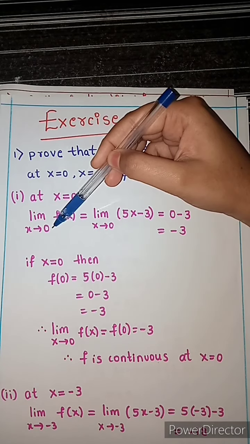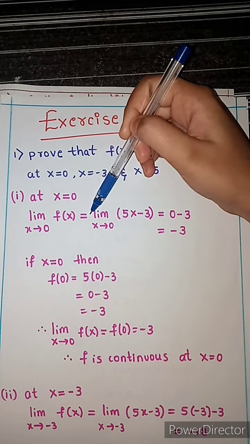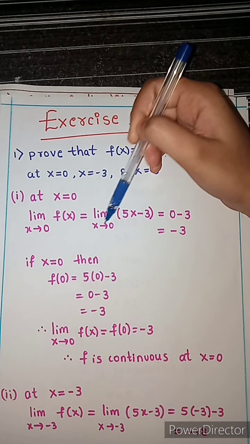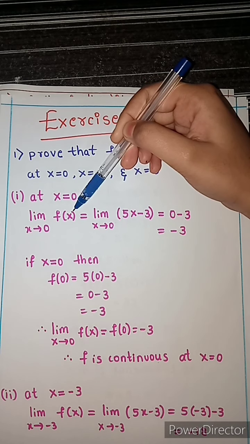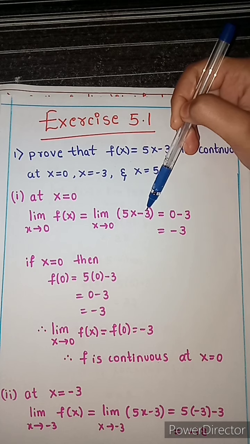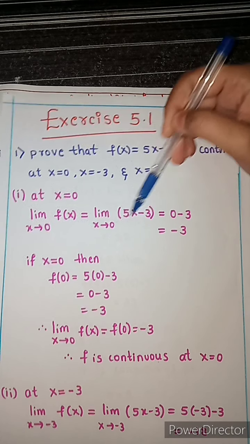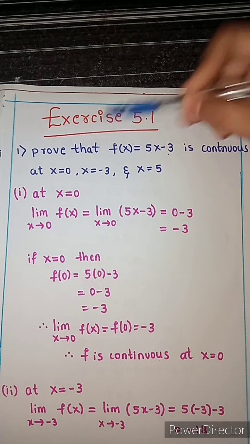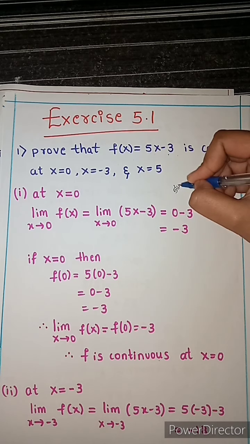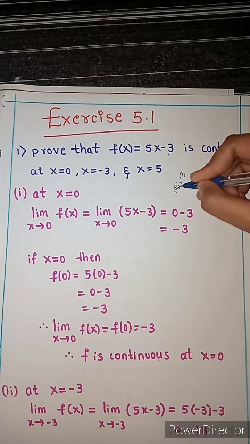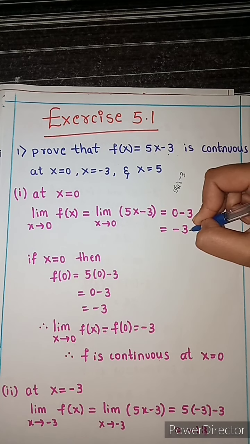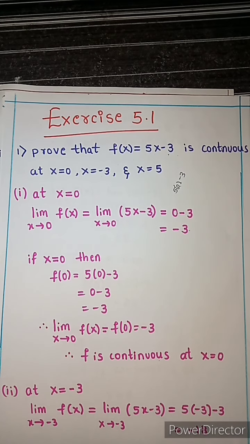Limit x tends to 0, f of x equals limit x tends to 0. Here f of x is 5x minus 3. Now put 0 at x. 5 zeros are 0, minus 3. 0 minus 3 is minus 3.